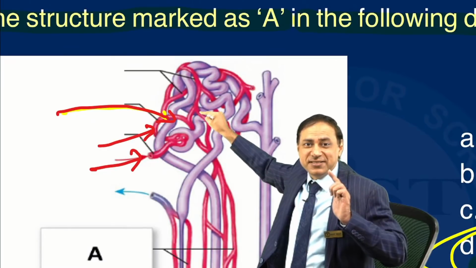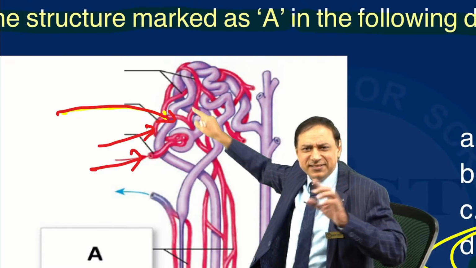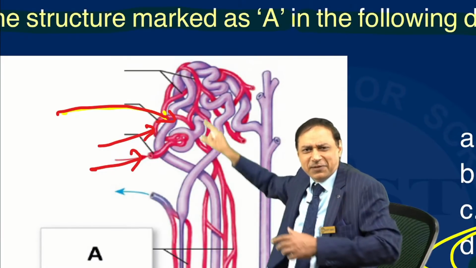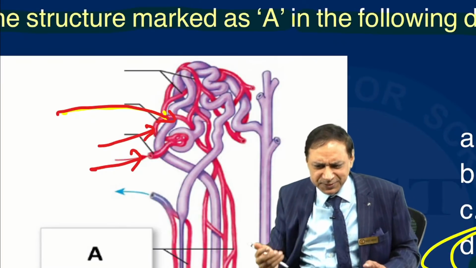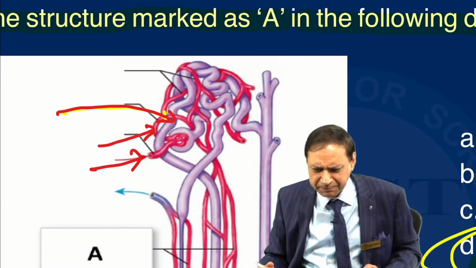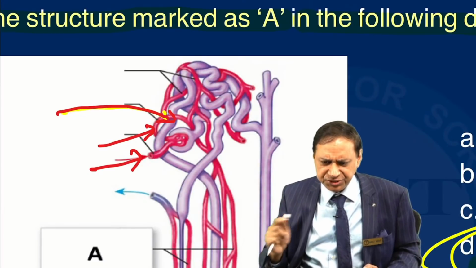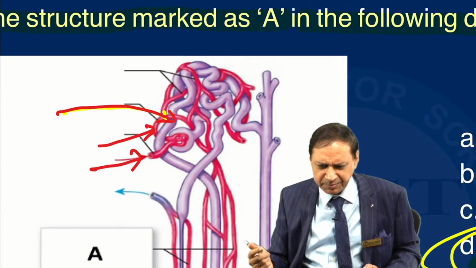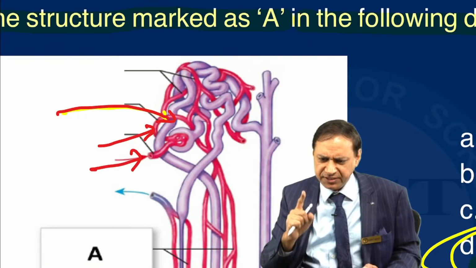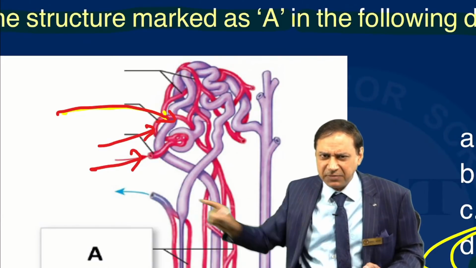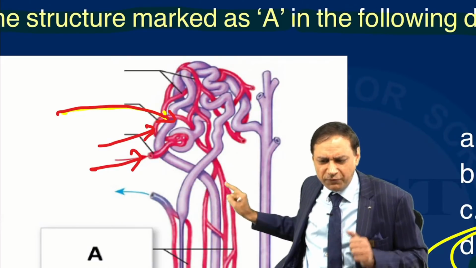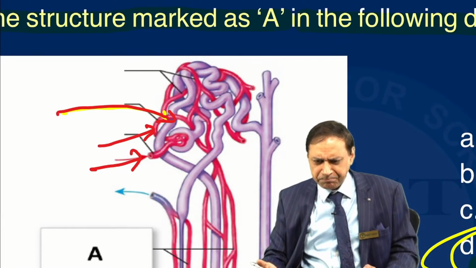So this is PCT, this is DCT. They are mixed, and they are both supplied by peritubular capillaries. Counter current exchanger in vasa recta, and counter current multiplier in this loop of Henle. Is that okay?